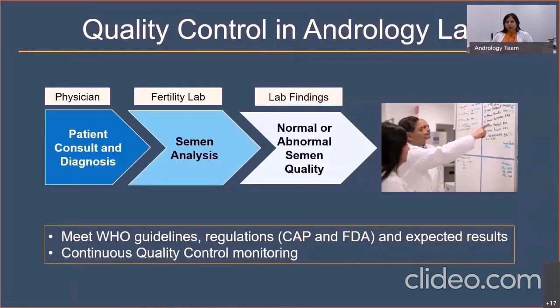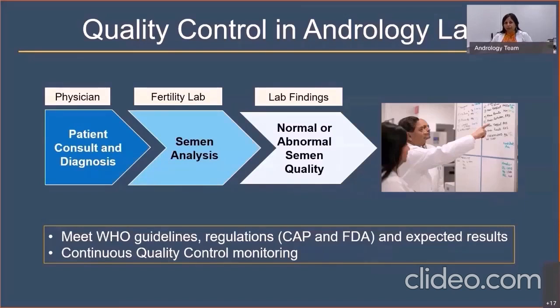So quality control is defined as being applied to 3 phases of testing. So the pre-analytical phase, analytical, and the post-analytical phase. So here, the first phase is before the patient comes to the lab. He will go to the physician or the male infertility evaluation consultant, and he will consult, and the physician will arrive at a diagnosis.